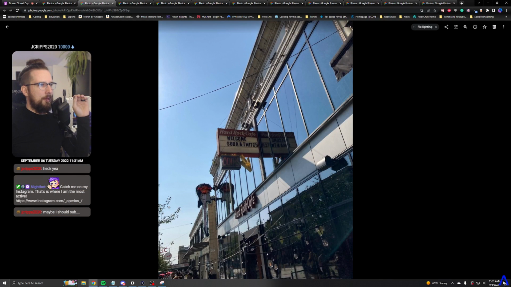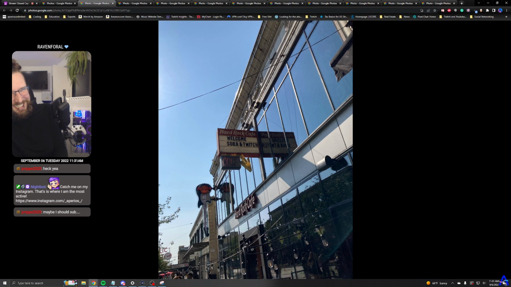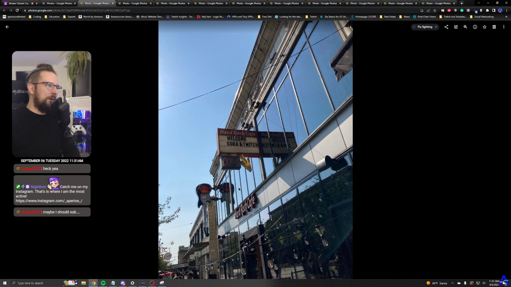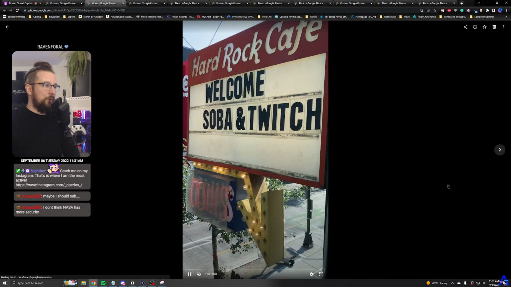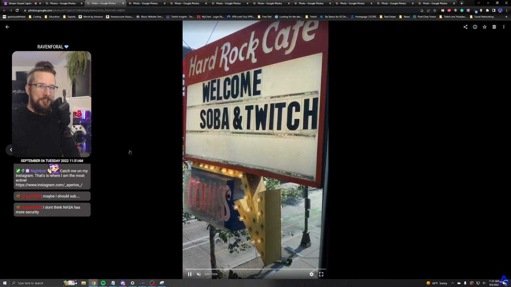Outside, we were actually on the marquee, so we were featured. Hard Rock featured us on the marquee. We had our name up there, so my organization's name was on a marquee, and that was probably the coolest feeling just to see this.